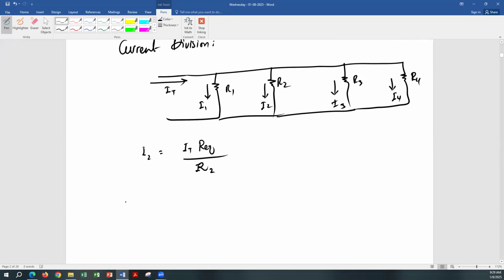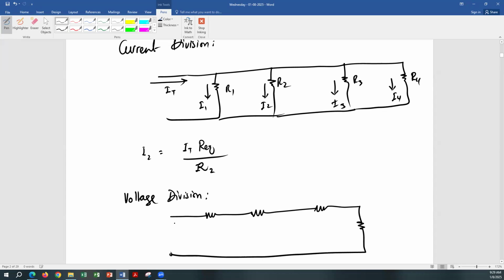And you can see the relationship between current division and voltage division as far as the equation is concerned. In voltage division, if you know the total voltage and if all the resistors are connected in series, then you can find the voltage across a single resistor. And again, the derivation is through KVL and Ohm's law. So let's say you have 4 resistors and your total voltage is Vs, whatever the voltage is, and the total current will be Is.